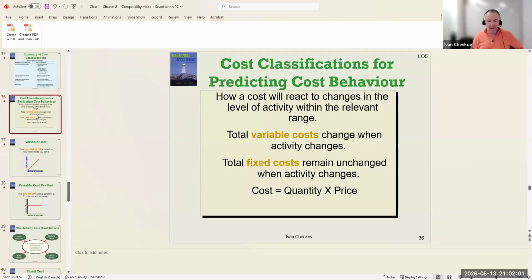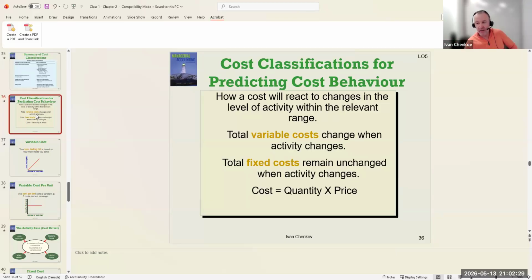Now, before we go there, cost is always going to be a function of two variables. One variable is always going to be price per unit. The other one will be quantity. Now, the way I see it, you have two options. Option one, decide not to buy. That's not going to change the price, correct?